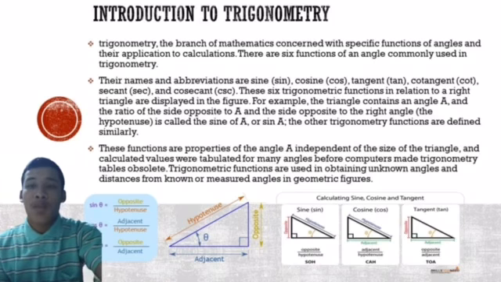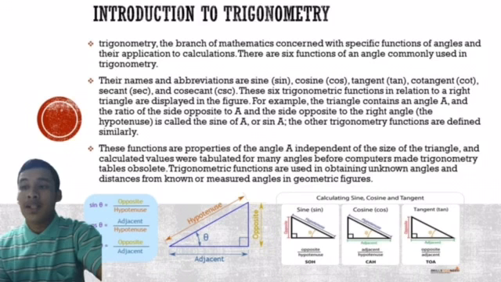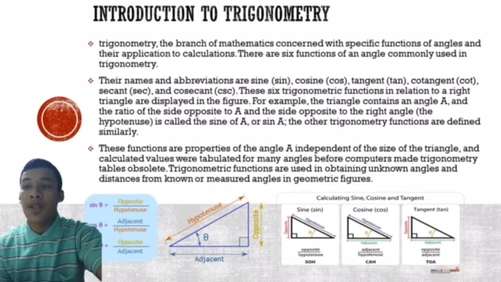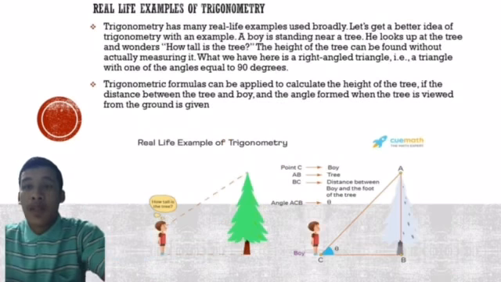The functions are properties of the angle A independent of the size of the triangle, and calculated values were tabulated for many angles before computers made trigonometry tables obsolete. Trigonometry functions are used in obtaining an unknown angle and distance from a known or measured angle in a geometric figure.